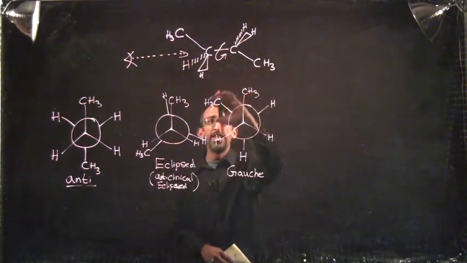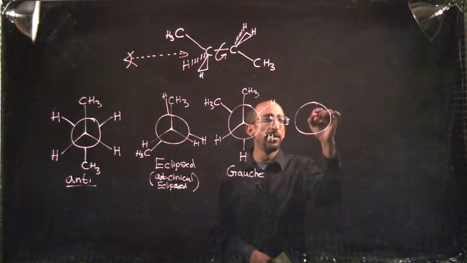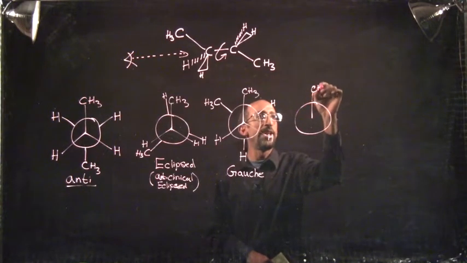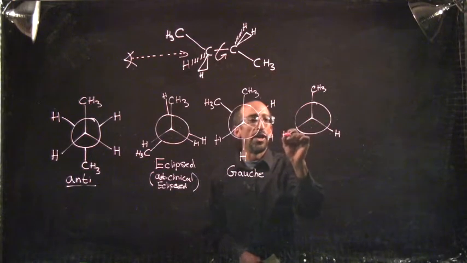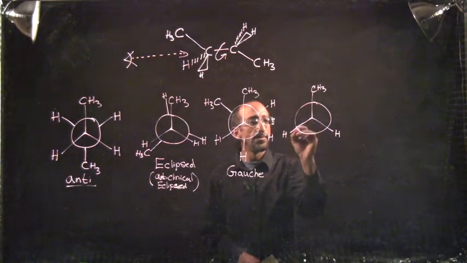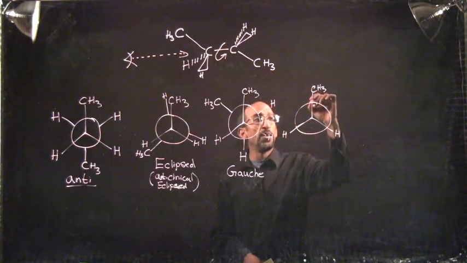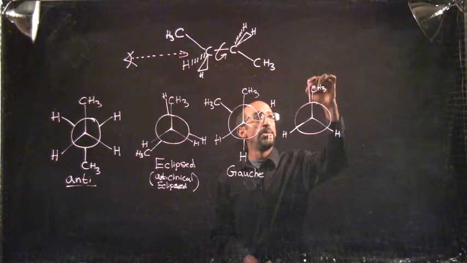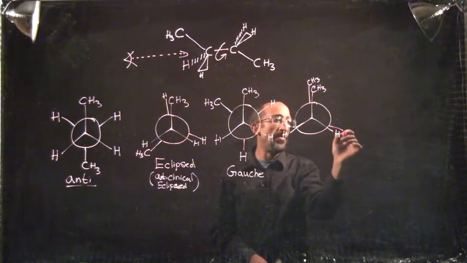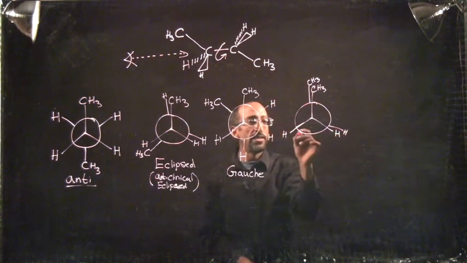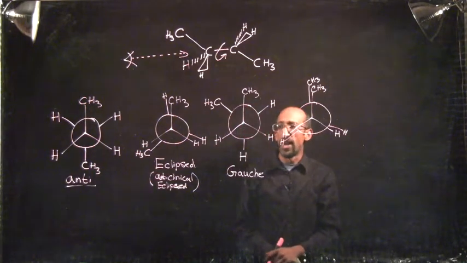We're going to do one more rotation, line up our two methyl groups. So here now our front methyl, one of our front hydrogens, our other front hydrogen, and now we've put our back methyl group lined up with our front, one of our back hydrogens lined up with our front, and our other back hydrogen lined up with our front.